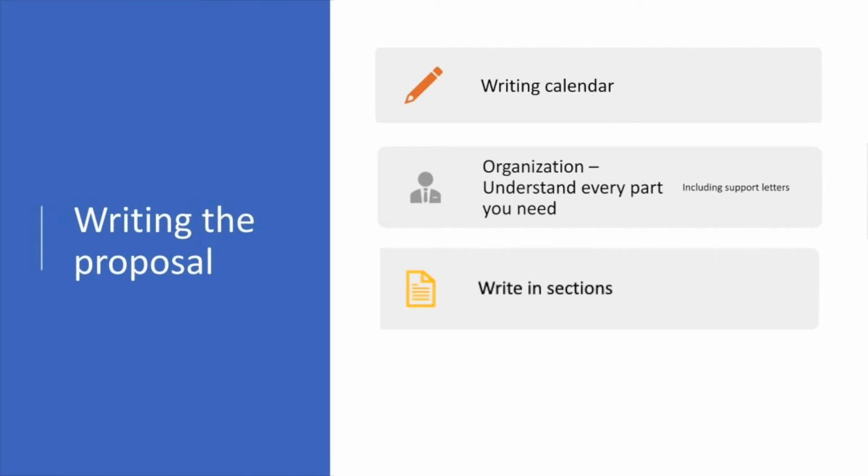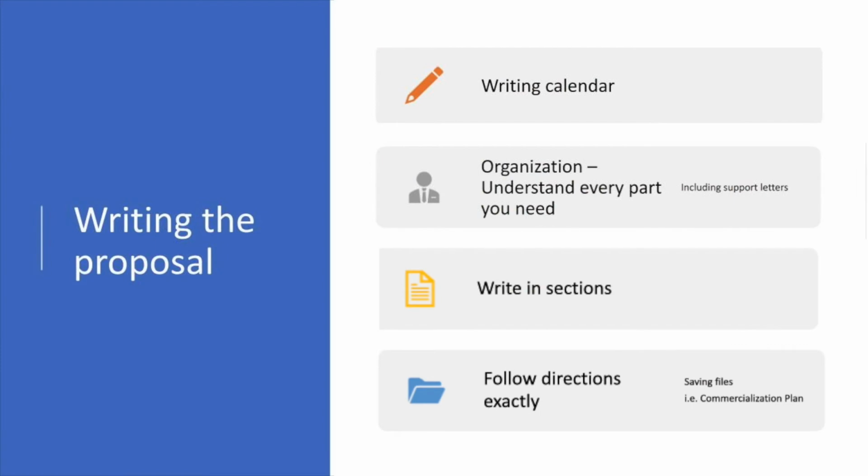You will need different parts of your proposal, so understand what parts of your proposal you're going to write on what days. The next thing that I would tell you to do, and the most important thing, is to follow the directions. They have the directions exactly written as they want you to submit it. So follow those directions, very important.